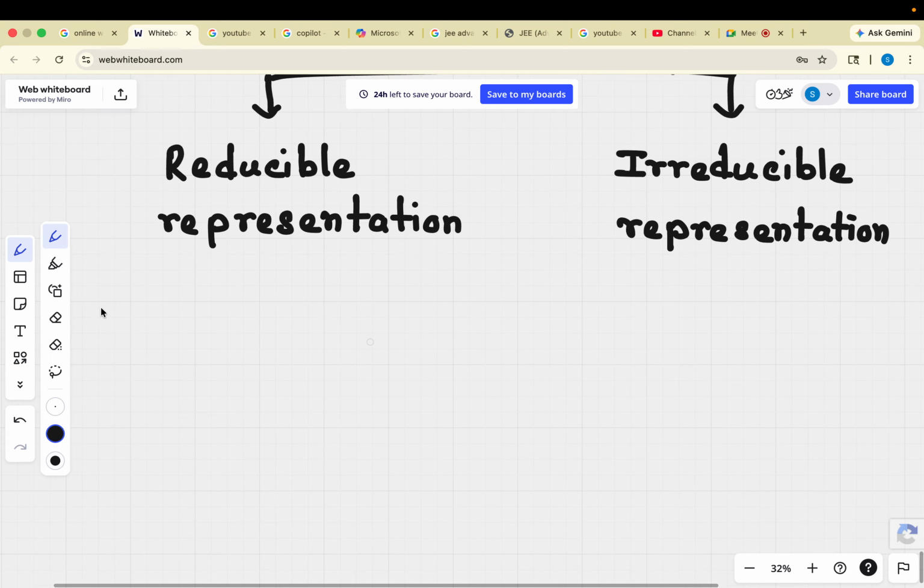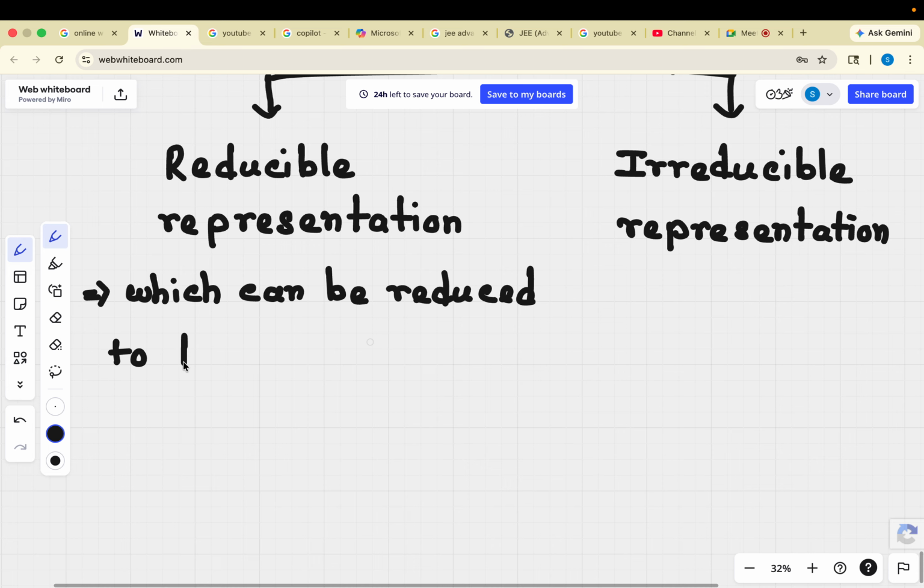So reducible representation means what? Write down one line: reducible representation means which can be reduced to lower dimension.